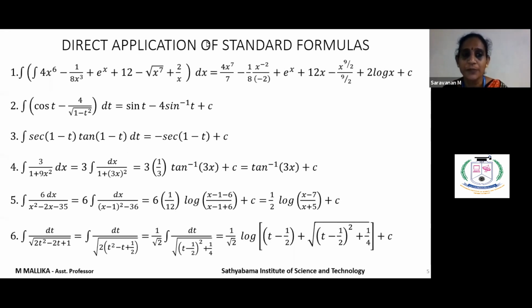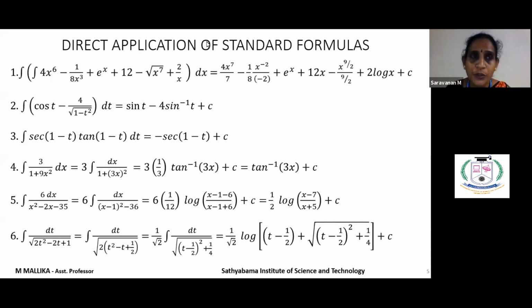Look at the next problem. What I have is 3 by 1 plus 9x square. When you look at 3 by 1 plus 9x square, it is of the form 1 by a square plus x square. But instead of x square, I have 9x square. So I write that 9x square as 3x the whole square. Now it has been brought to the form 1 by a square plus x square.